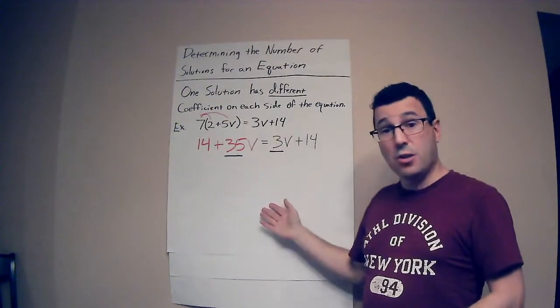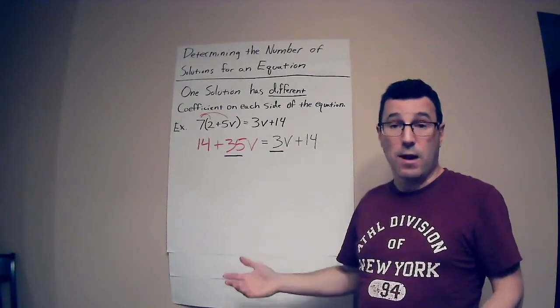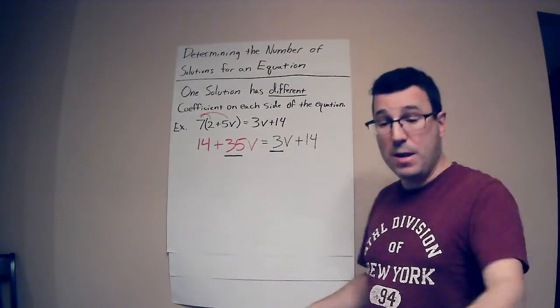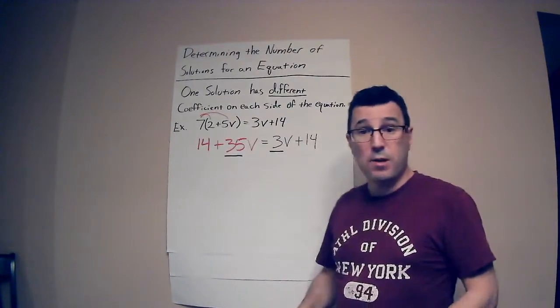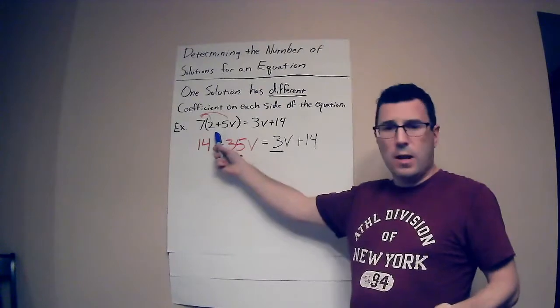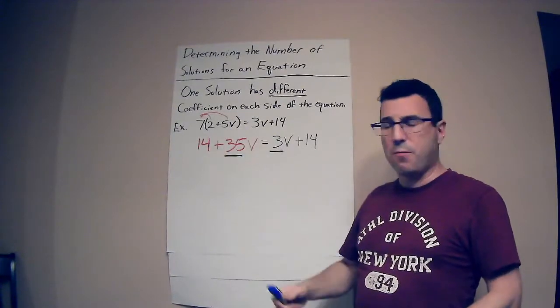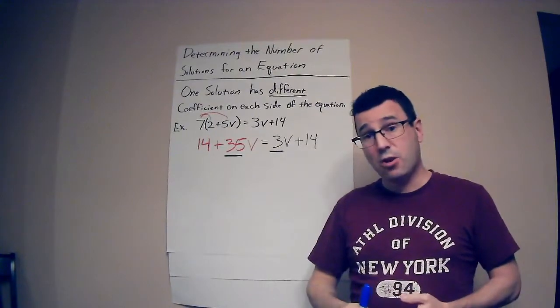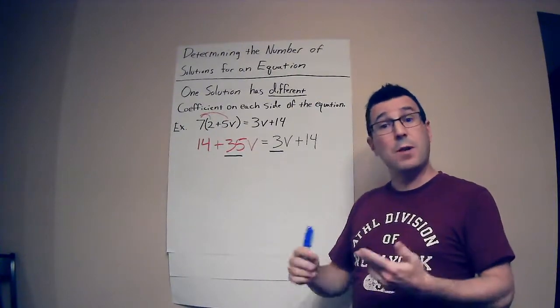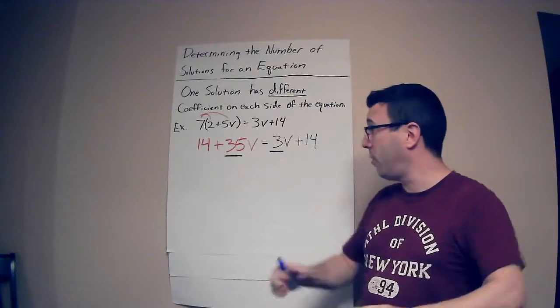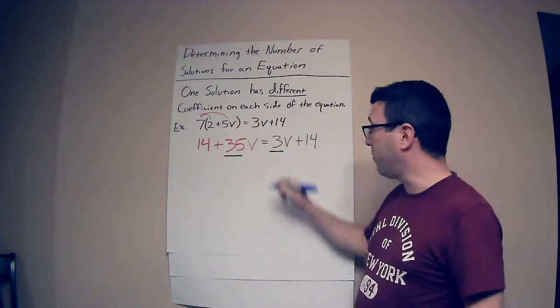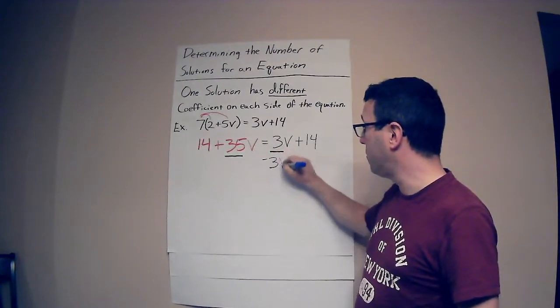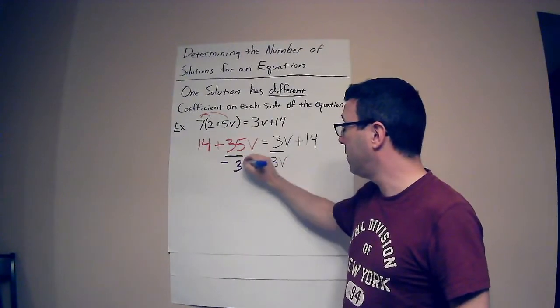Now I can continue to solve this and figure out what the answer is going to be. I go through my questions. I have the distributive property, and I took care of it. I don't have fractions, I don't have like terms on the same side of the equal sign, but the variable is on two sides, as I pointed out. So now I can subtract 3v from both sides. Minus 3v, minus 3v.